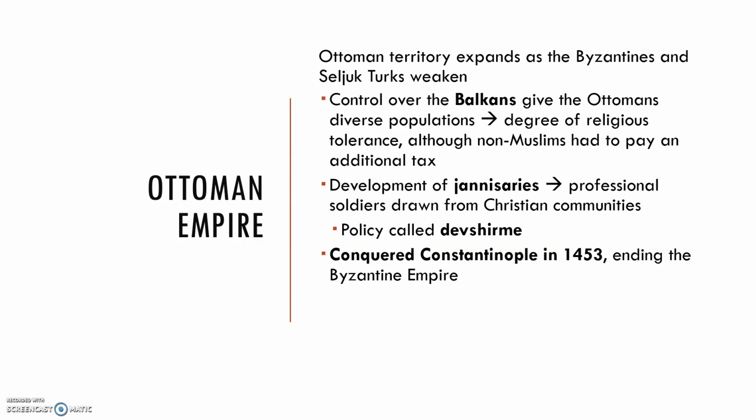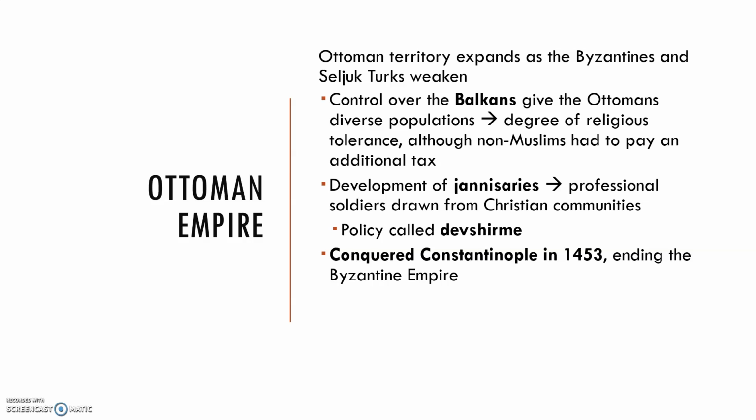And it was so effective, in fact, that some Christian families would voluntarily give up their children to the state because the kids' lives were really good in terms of their health and their well-being afterwards. You just got separated from your family and might be asked to put down rebellions in your own hometown afterwards.